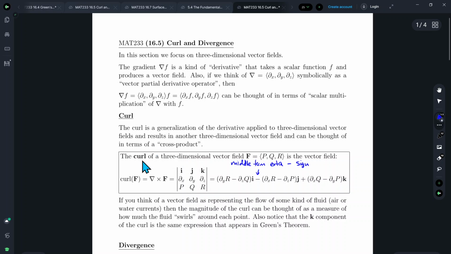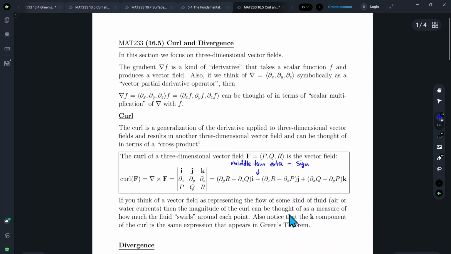And if you go back and think in terms of physics, if a vector field represents the flow of some kind of fluid, like air currents or water currents, then the magnitude of the curl can be thought of as measuring how much the fluid swirls around each point, and the direction of the vector tells whether the swirl is going clockwise or counterclockwise.